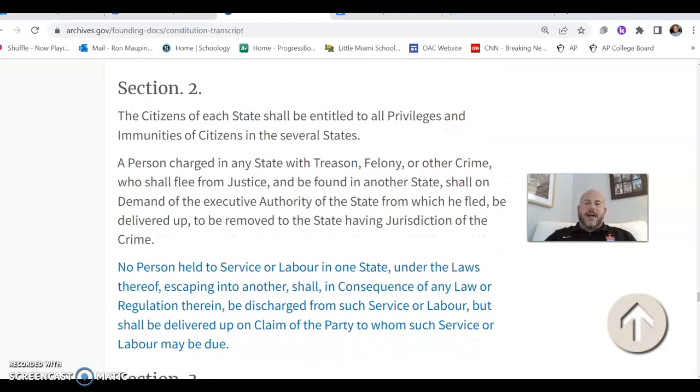Section 2 is what we call the Privileges and Immunities Clause. What this is basically saying is that you cannot favor the residents of one state over the residents of another state when it comes to state rules.